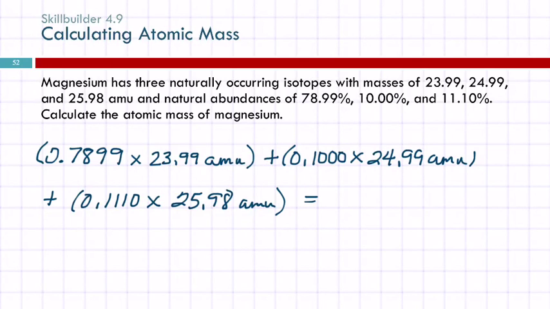And then I just put these into my calculator. Most calculators will understand this without you saying anything special to them. 0.7899 times 23.99 plus 0.1 times 24.99 plus 0.111 times 25.98.